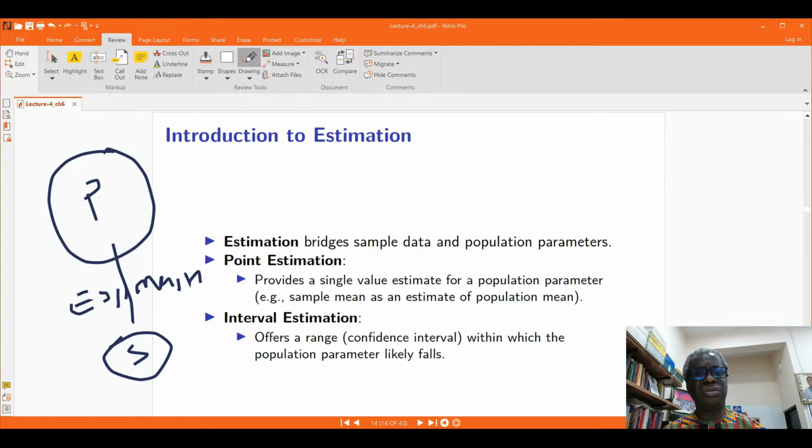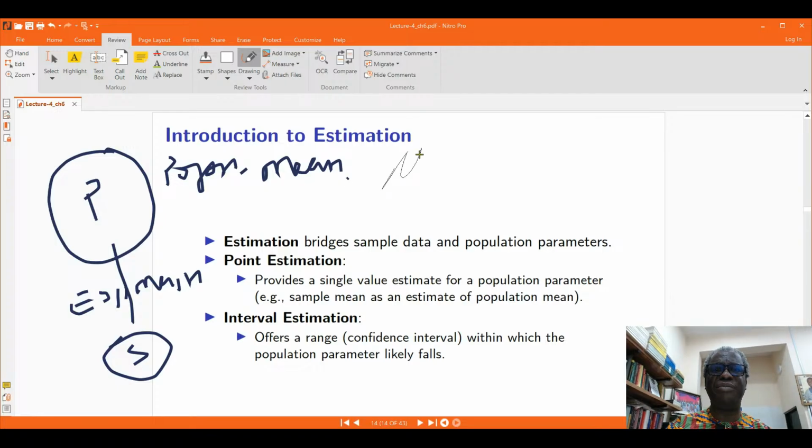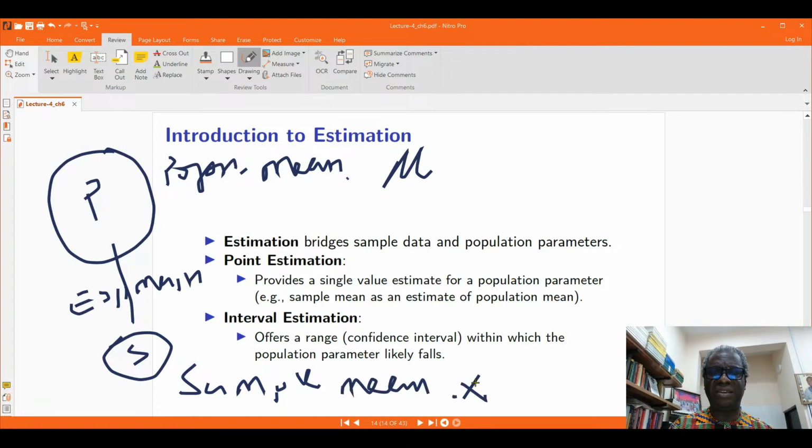So we also talk about point estimation. If the value that the estimation provides is a single value, so for instance, you have the population mean, which we represent by mu, and then the sample mean, which we represent by x bar.